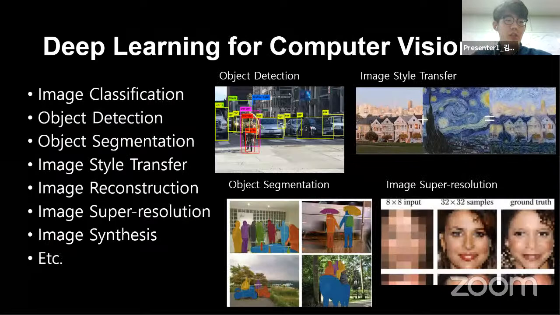Since then, deep learning has begun to be applied and studied in various fields of computer vision, for example image classification, object detection, object segmentation, image style transfer, image reconstruction, super resolution, image synthesis, etc. Across these fields, deep learning has produced better results faster than conventional methods.